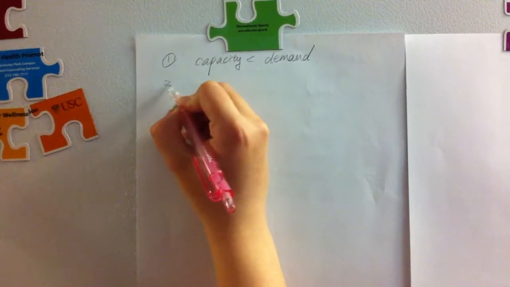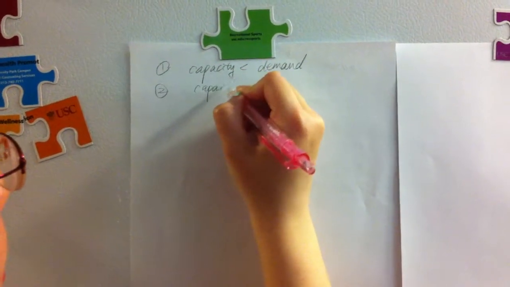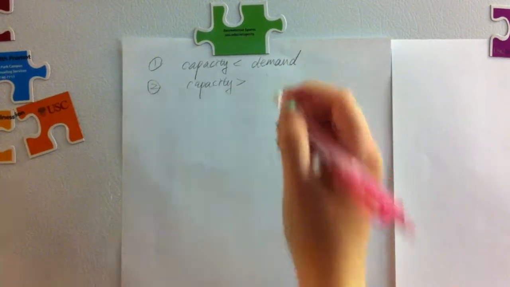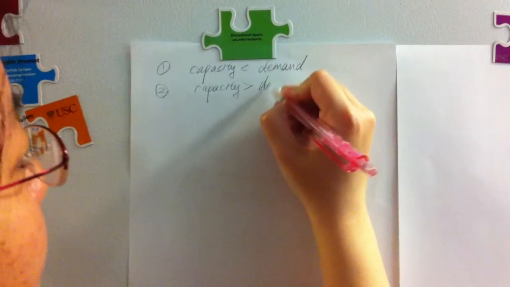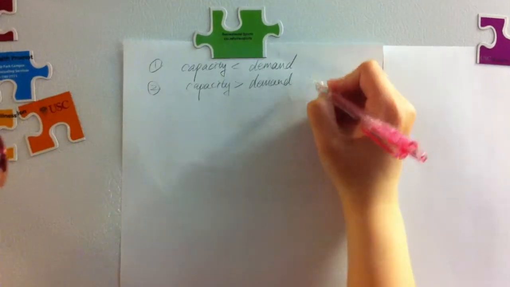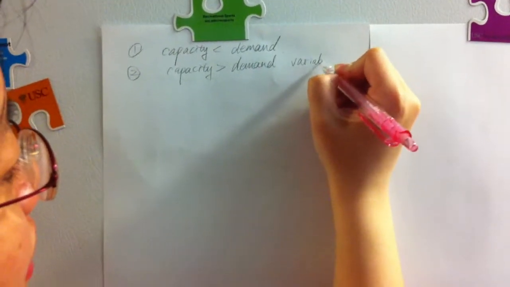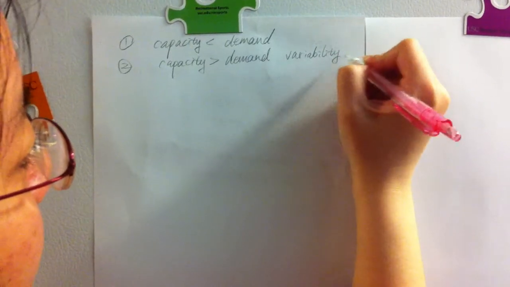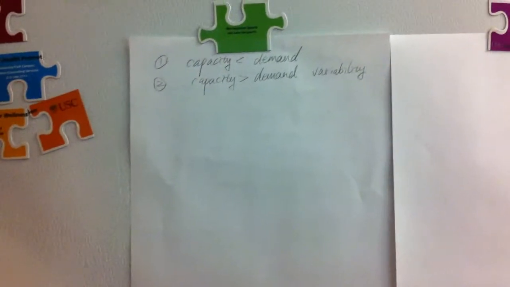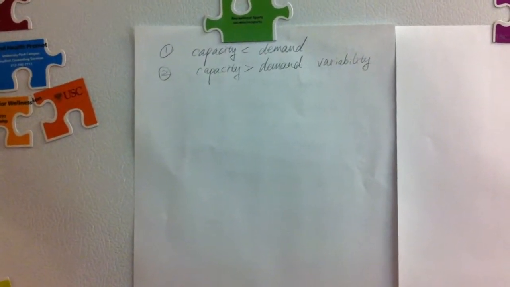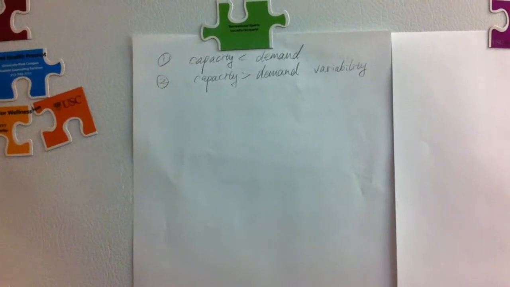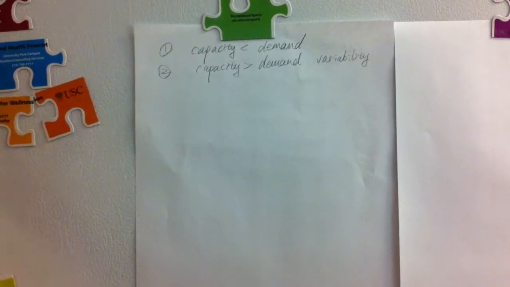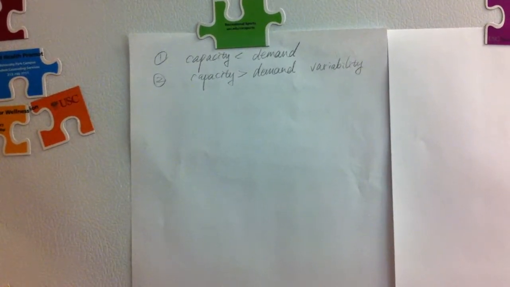Okay, and number two is that the capacity is greater than demand. However, there's variability. For example, you open a restaurant and there are 500 people coming from 12 to 2, but nobody comes during 3 to 4.